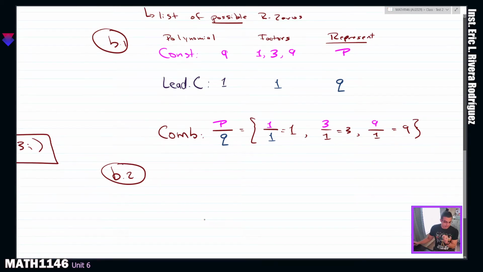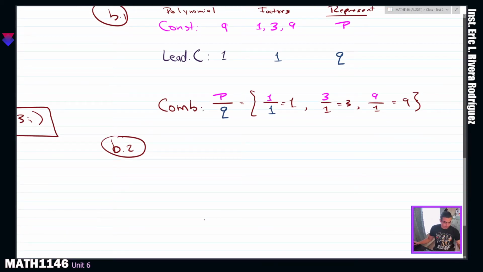And here you have multiple methods to determine which of these is an actual zero. You could use the graph, and the graph is what you want to use. The easiest way to identify a zero from the list of possible rational zeros is by going through the graph of the polynomial, and we are going to do that because you have a graphing calculator, and you don't want to waste time testing any of these numbers from the list.